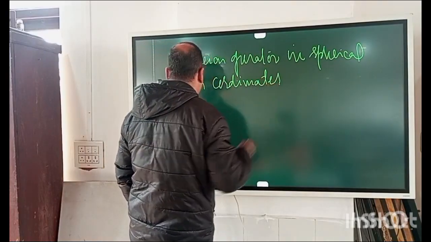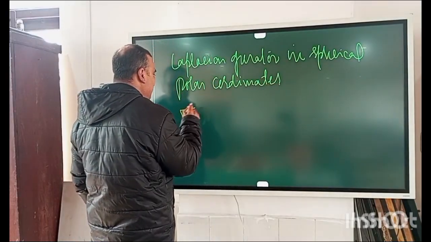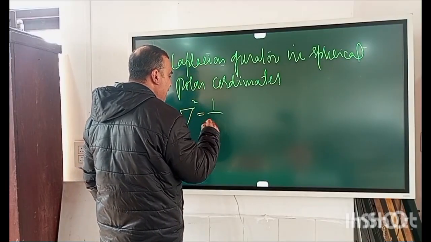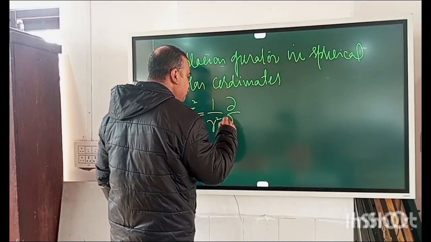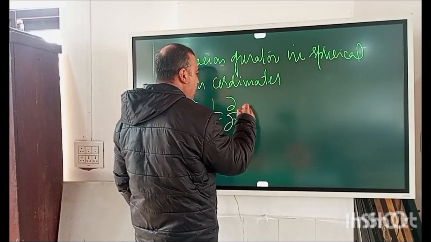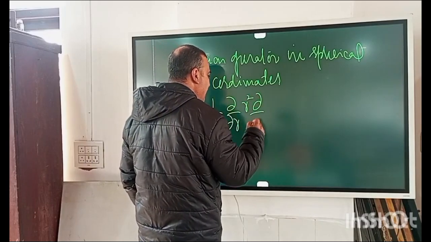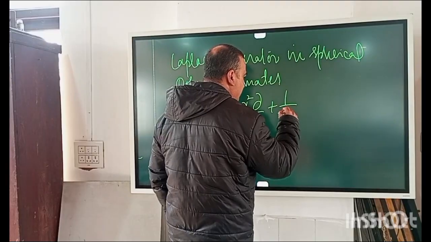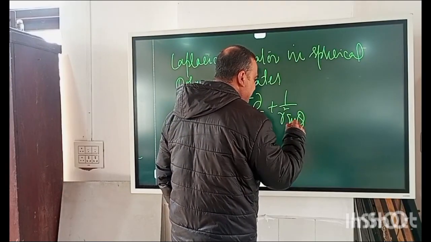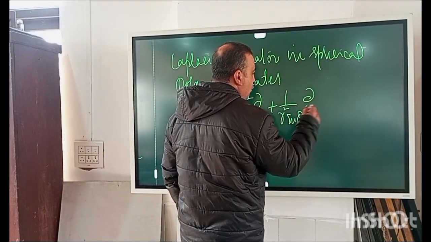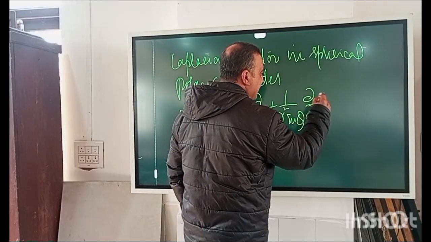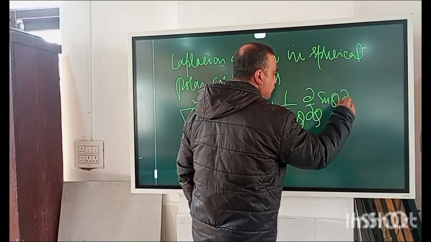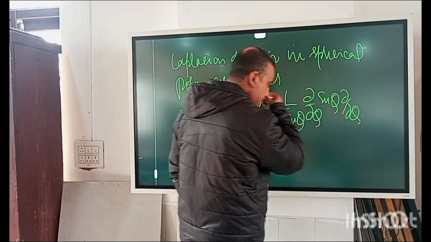And what we have for that, this del square is 1 by r square dou by dou r of r square dou by dou r. And then plus 1 by r square sine theta dou by dou theta sine theta dou by dou theta.